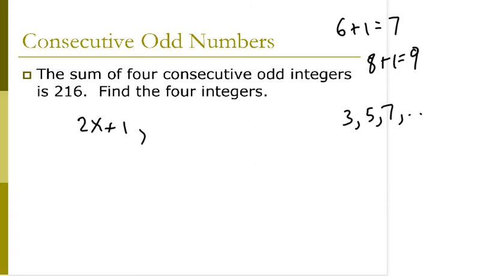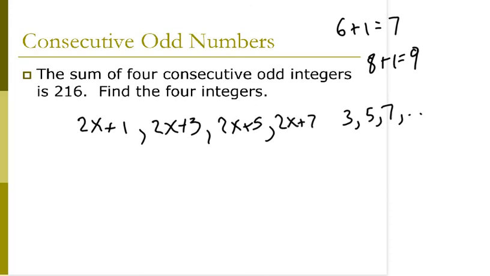So if we add 2 to any odd integer, we get another odd integer. If we have 2x plus 1 and add 2 to that, that gives us 2x plus 3. That would be our next odd integer. We need 4 of these, so we add 2 to that, that would be 2x plus 5. We need another one, we add 2 to that, and that would be 2x plus 7. So these 4 represent consecutive odd integers.